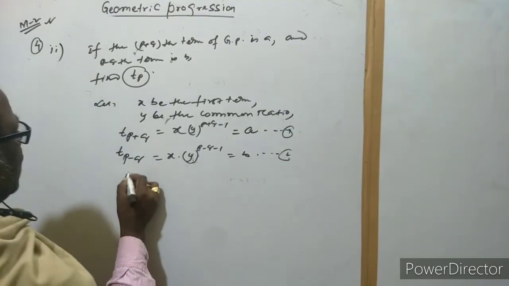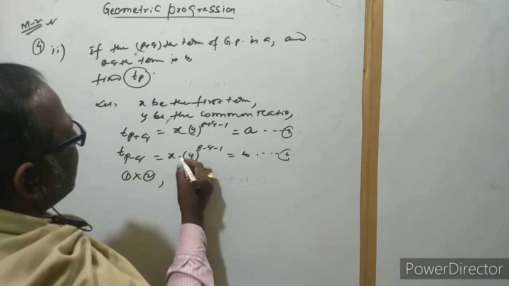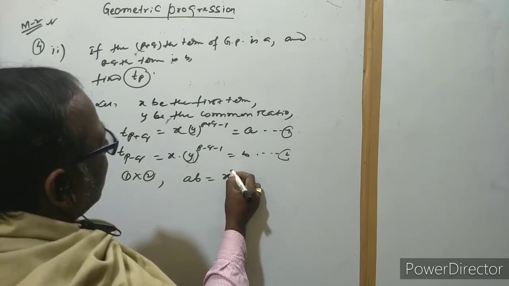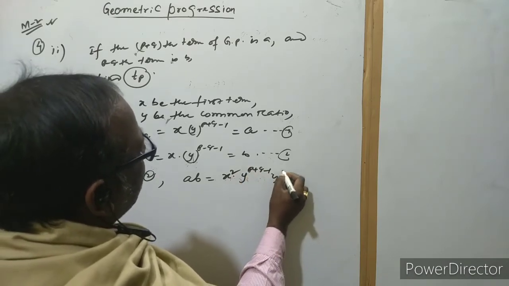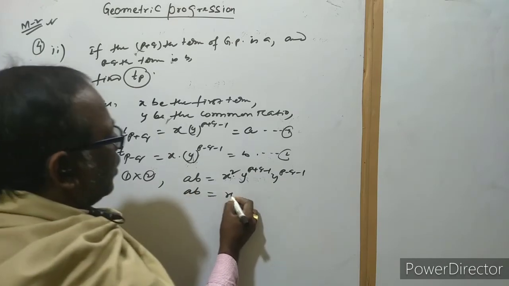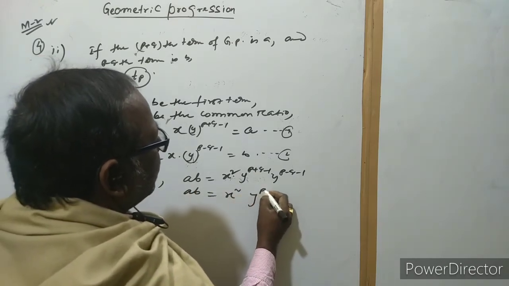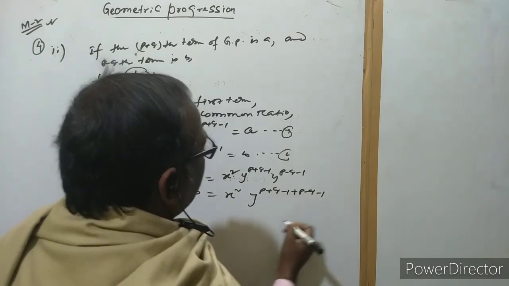If you multiply 1 and 2, what do you get there? So that is A into B here. So X into X square and Y to the power P plus Q minus 1 and Y to the power P minus Q minus 1. So AB is equal to X square and Y to the power P plus Q minus 1 plus P minus Q minus 1.